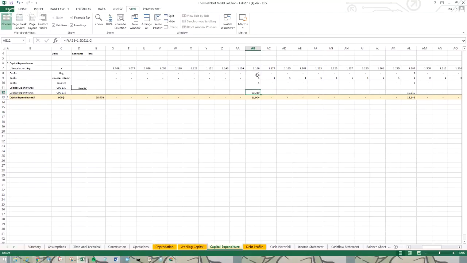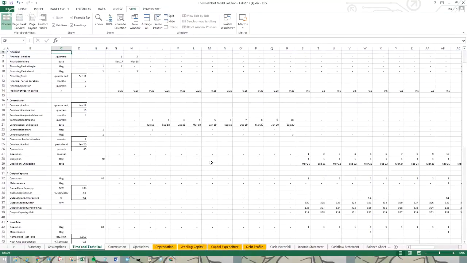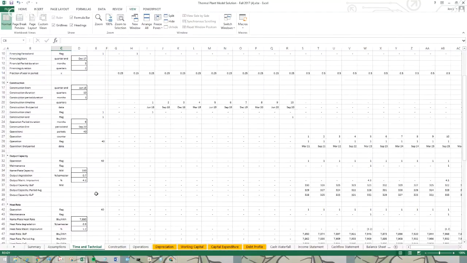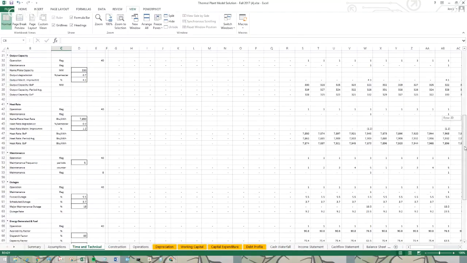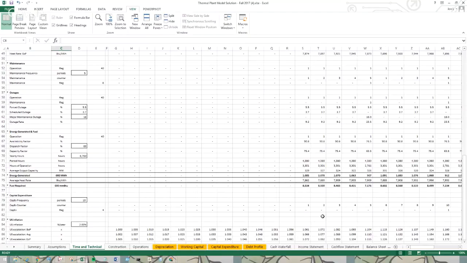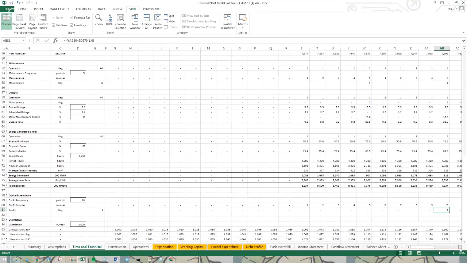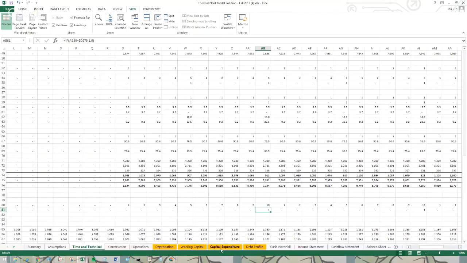So every event you have a flag. Yeah. So it comes from timing and technical, and that's your CapEx event. Or no, sorry, I think there's a CapEx flag. So you just take that CapEx flag in your timing and technical, and then every time there's a CapEx flag, that's when there's a CapEx event that you have to pay CapEx, or you have to invest in CapEx.